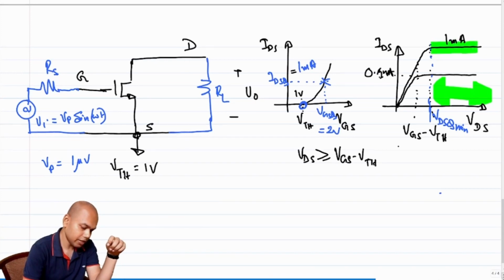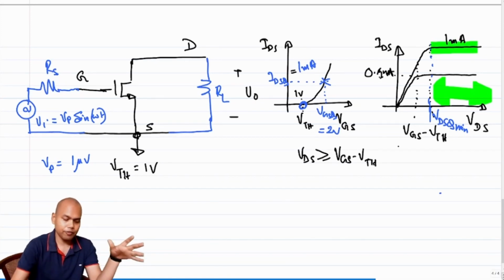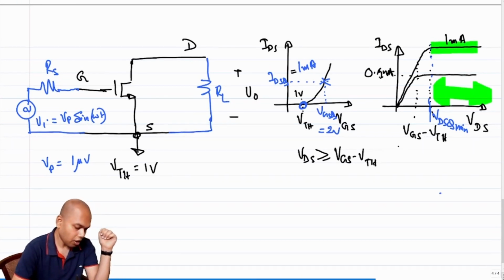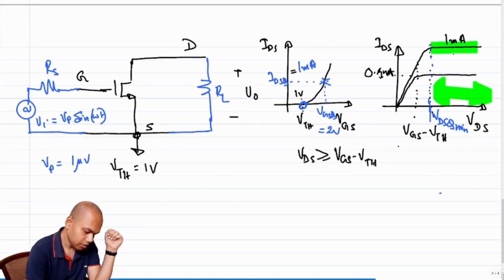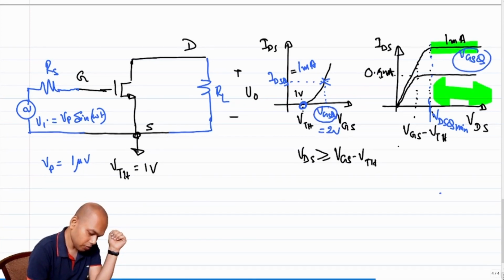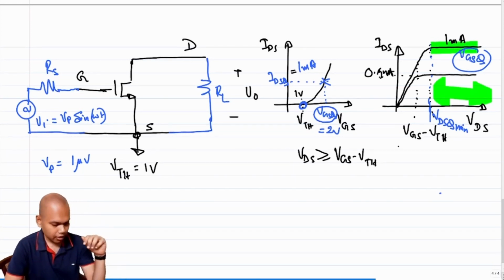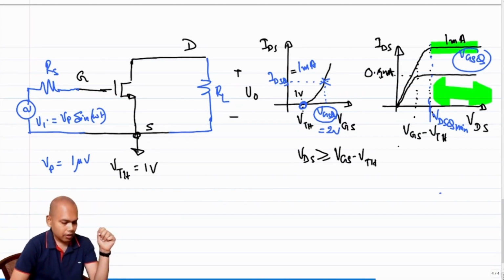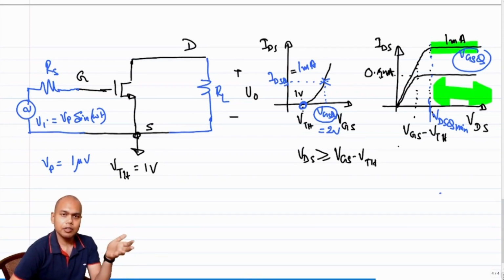If we can bias our circuit in such a way that VDS is above VDSQ min, for VGSQ, which is equal to this VGSQ at which I have biased the transistor at the input side, then we would be able to bias our transistor in the right manner.